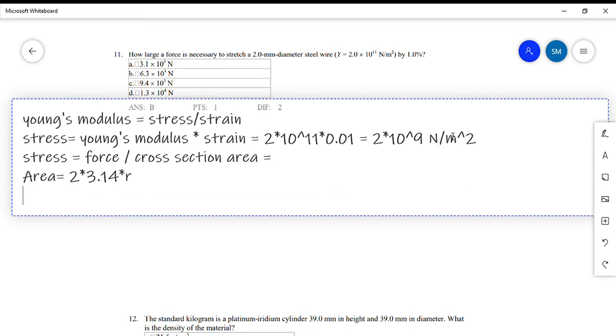The diameter is 2, so the radius is 1 millimeter, which is equal to 1 times 10 power negative 3 meter.